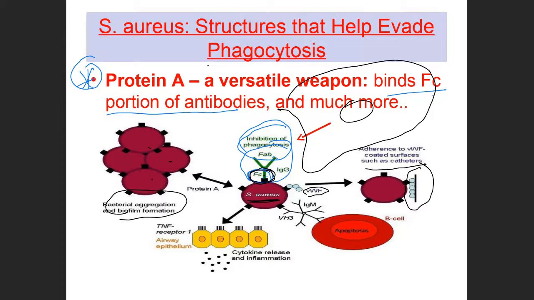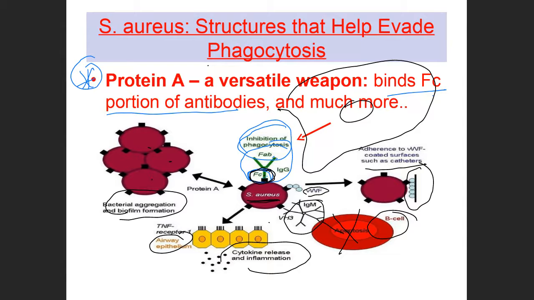Protein A also binds to some antibodies and kills B cells by this protein A antibody B cell binding. Protein A also binds to receptors in epithelial cells of the airways and makes these cells secrete cytokines that cause inflammation. So protein A does a lot of things.